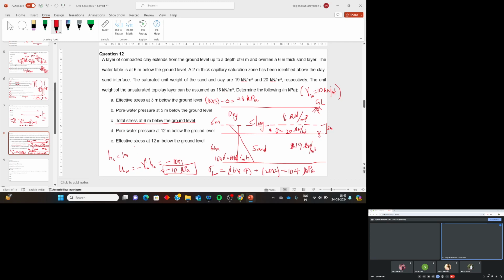So let us calculate this. Effective stresses will be first total stress, which we have already calculated up to this as 104, plus 19 into 6, minus 10 into 6.